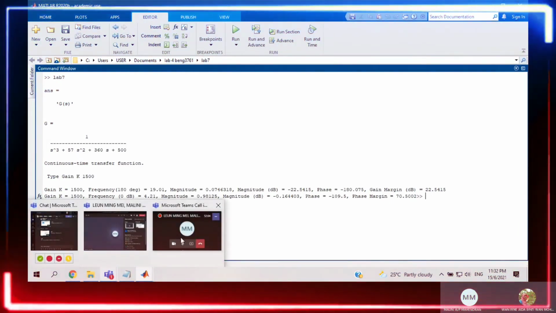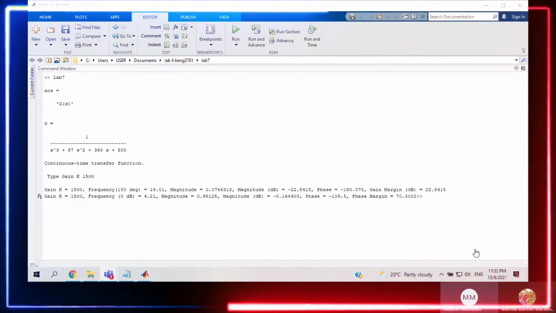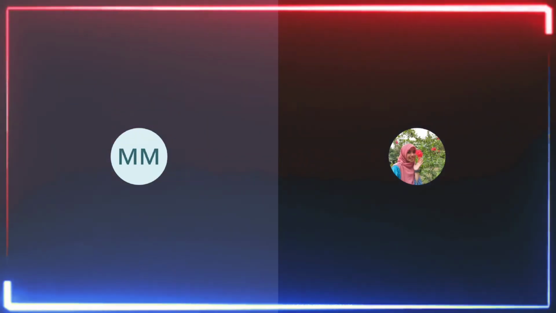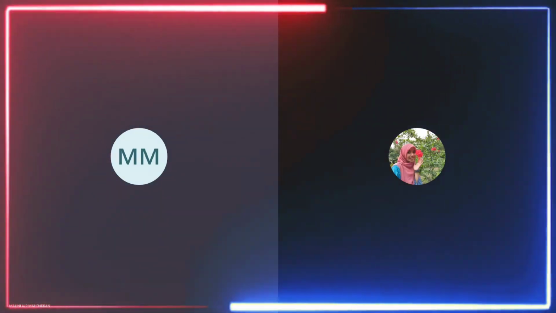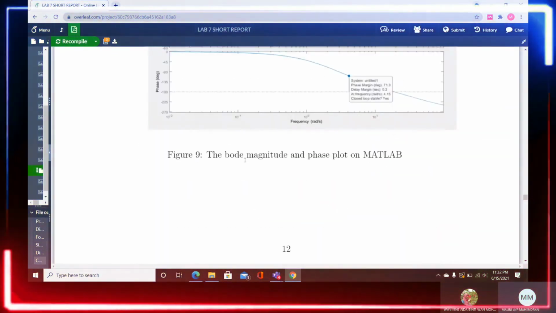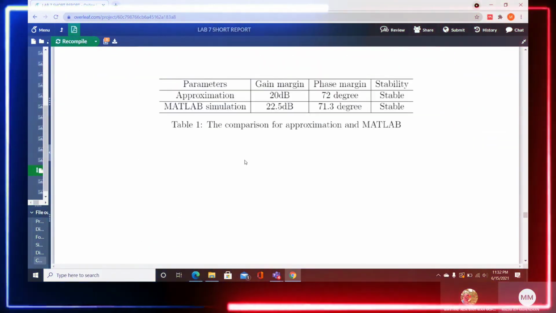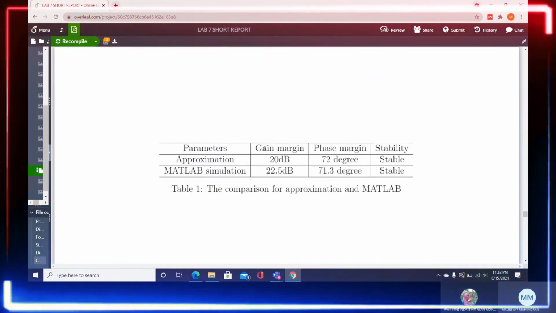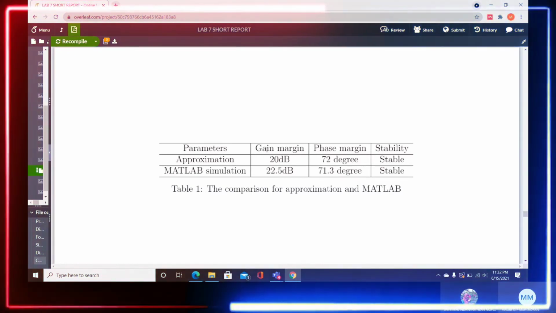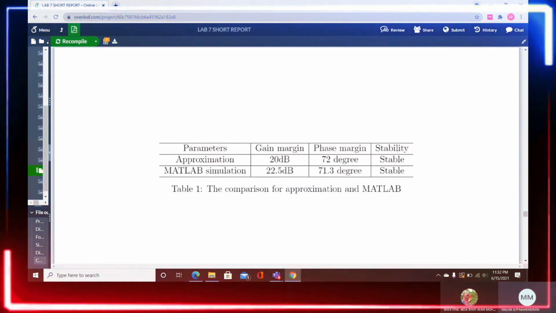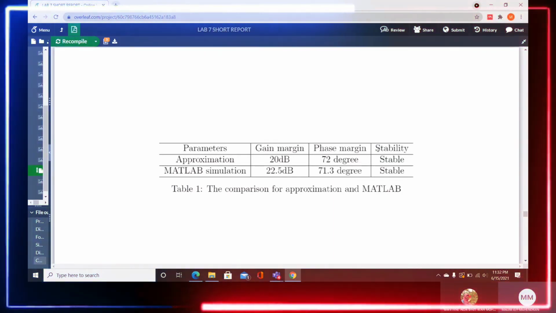Okay, thank you, Wan. So as the closure, I would like to share the comparison that we got from the MATLAB and also from the approximation. These are the parameters which we need to measure in this lab session, which are the gain margin, phase margin, and also the stability, where K is in between the range.